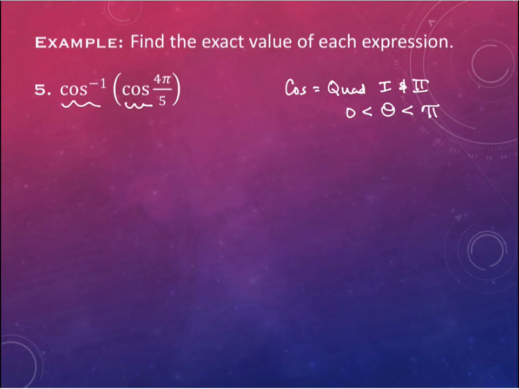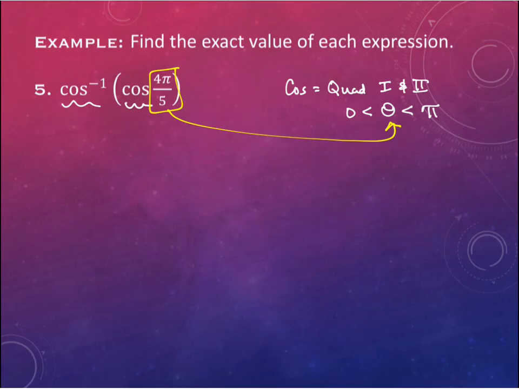So this measure right here, 4 pi over 5, does it reside between 0 and pi? Well, it's bigger than 0. Well, that's good. Is it less than pi? It is. It's 4/5, that's about 80% of pi. Not about, it is 80% of pi. It's smaller than a whole pi.